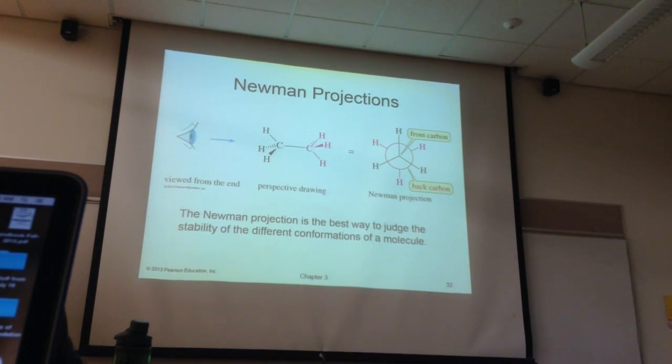Newman says, forget about trying to draw this like so. Let's go ahead and come into this Newman projection: the inverted Y representing the front carbon, and the circle representing the back carbon, okay?